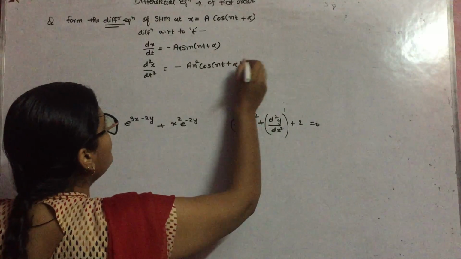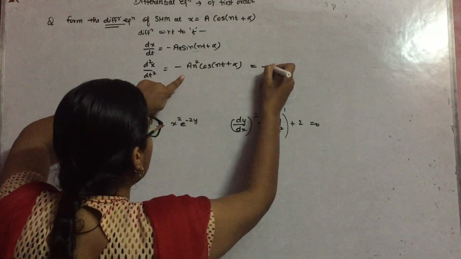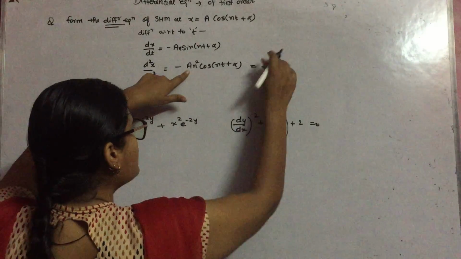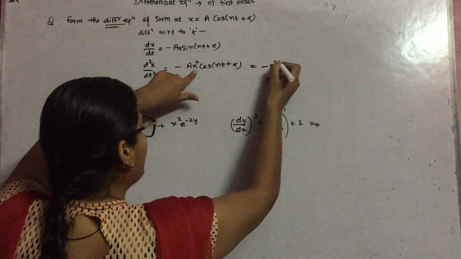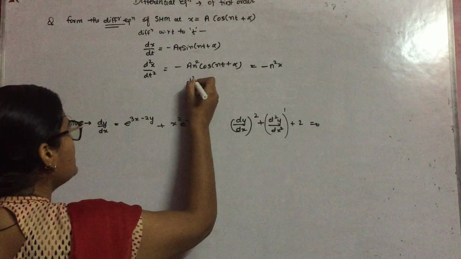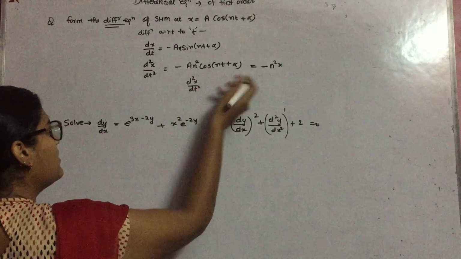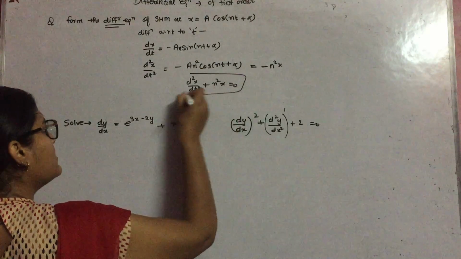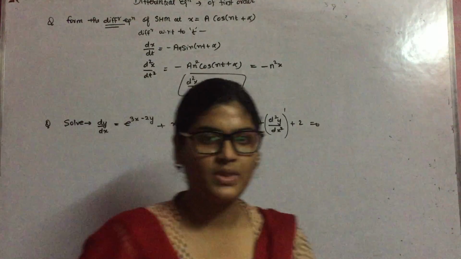So minus a cos(nt plus alpha) is x, and it becomes d2x by dt square plus n square x equals 0. This is our differential equation.